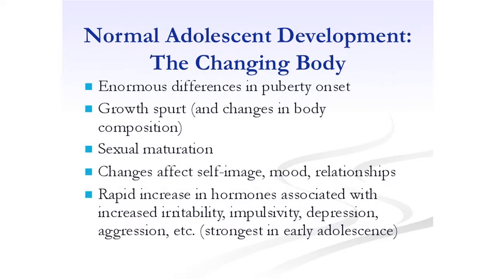And of course, a key area of normal adolescent development is the changing body. There are enormous differences in the timing and the progression of puberty, associated with growth spurts, changes in body composition, sexual maturation, changes that affect self-image, mood, and relationships, and importantly, changes in the level of hormones that are associated with increased irritability, impulsivity, depression, aggression, and this is strongest in early adolescence.